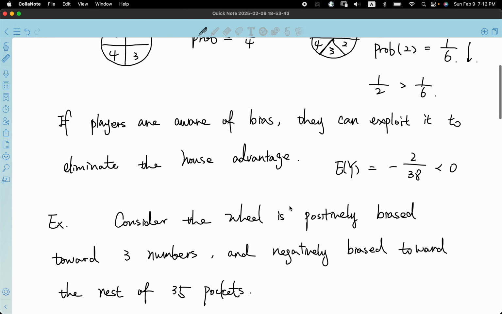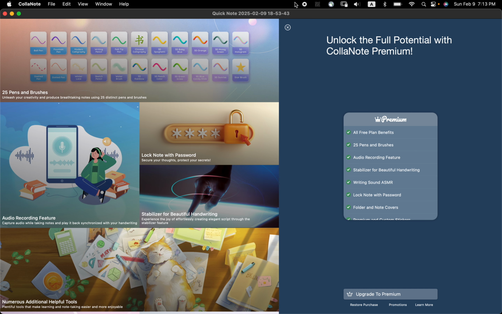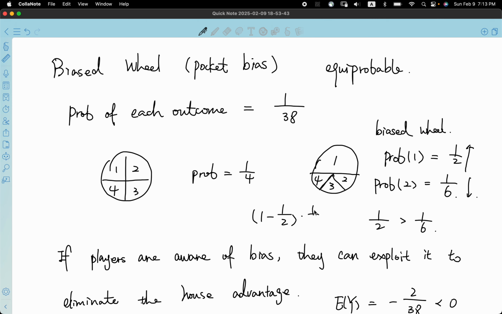So you can think of this in this figure. Now we want to calculate the probability for the remaining number. First of all, the entire space here will have a probability of 1. So when we remove the 1/2 out of the picture, so 1 minus 1/2, and then we want to equally assign the probability to each of the 3 pockets.